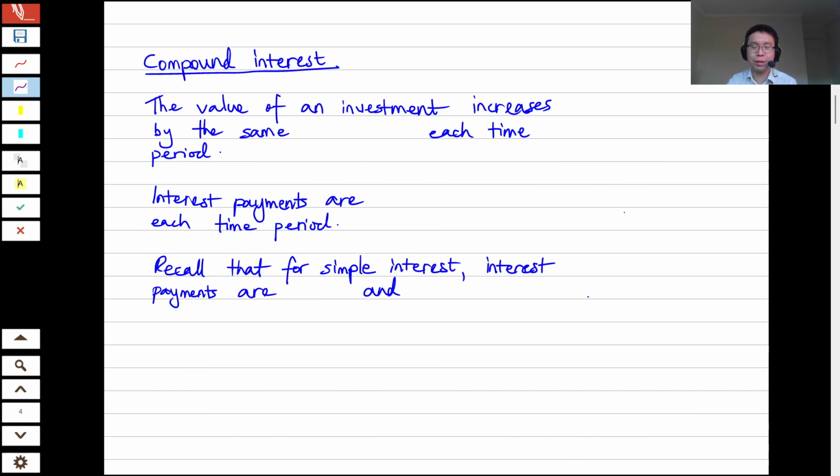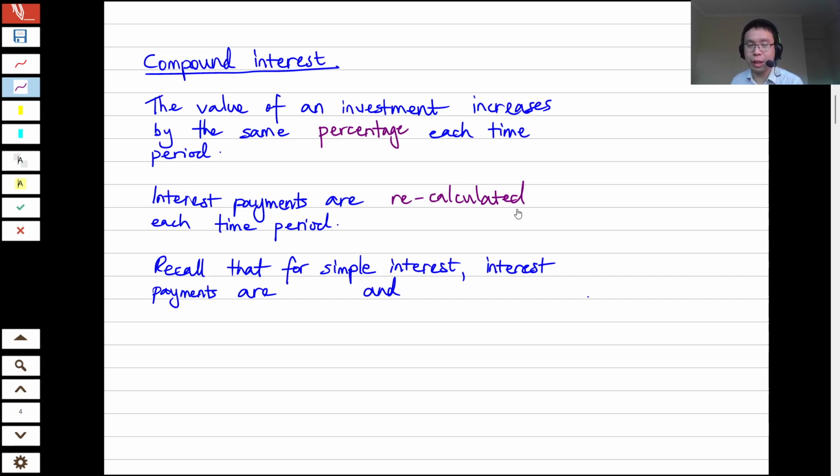All right, so let's define compound interest. Here's my definition. Compound interest is a situation where the value of an investment increases by the same percentage each time period. And this means interest payments are recalculated each time period.